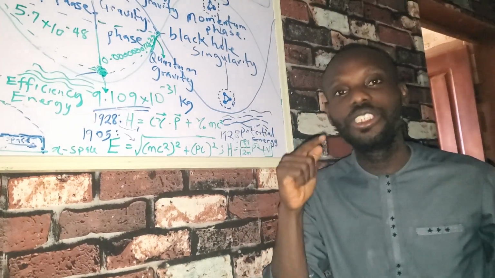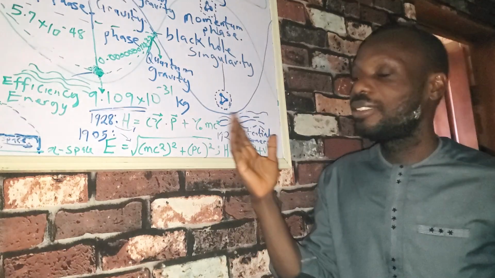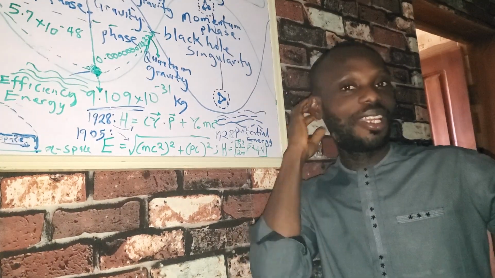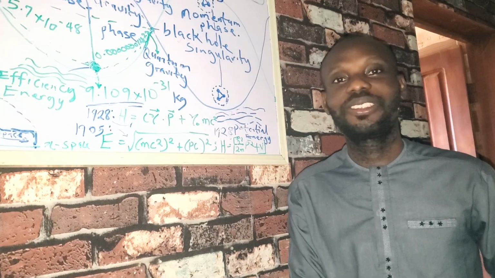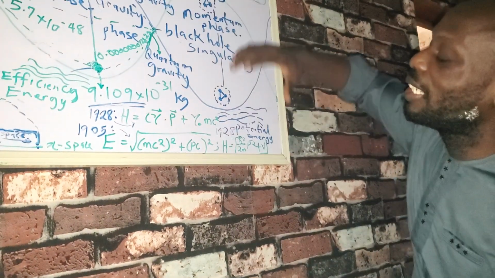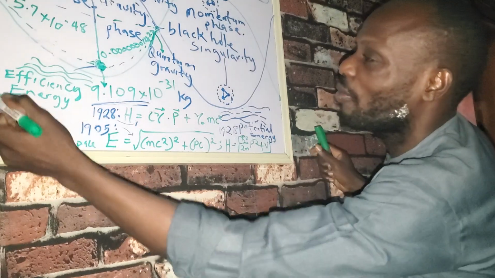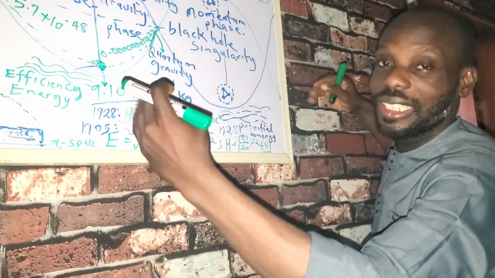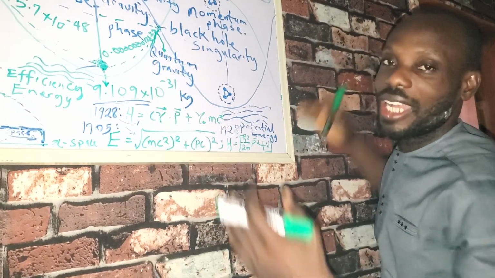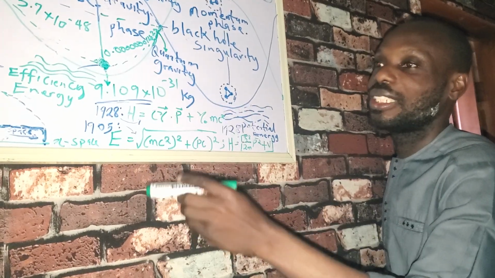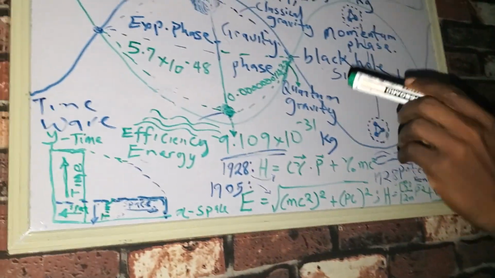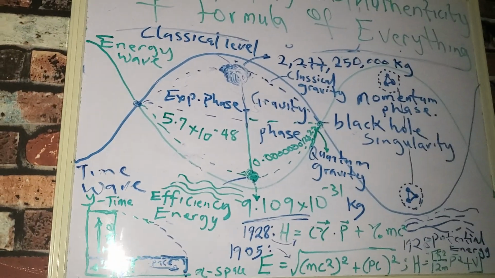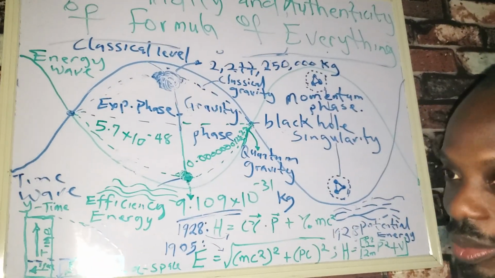Then another thing you need to know about Dirac is that Dirac had what is it called? The large number hypothesis. And if you look at the constant of the formula of everything, you can see that the constant is very large as well, where you have 2.5 times 10 raised to the power 39. That is the constant interval.